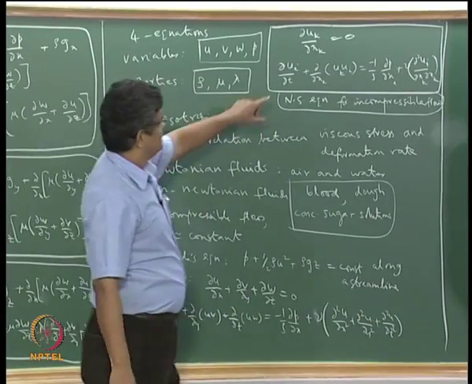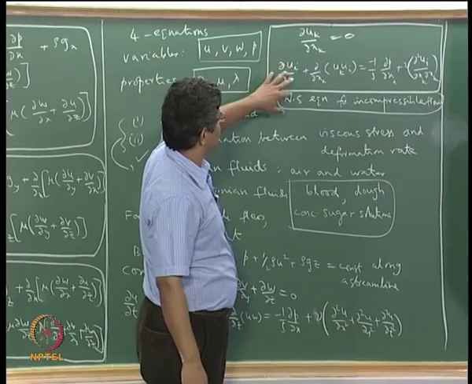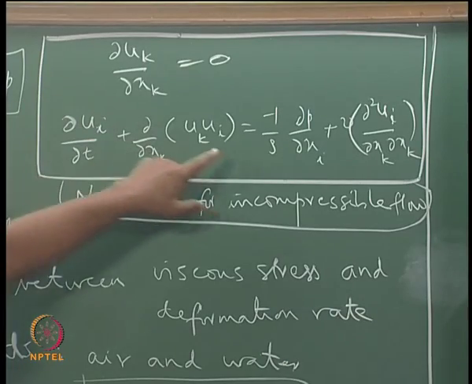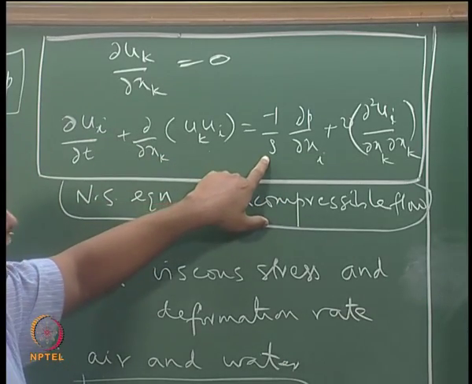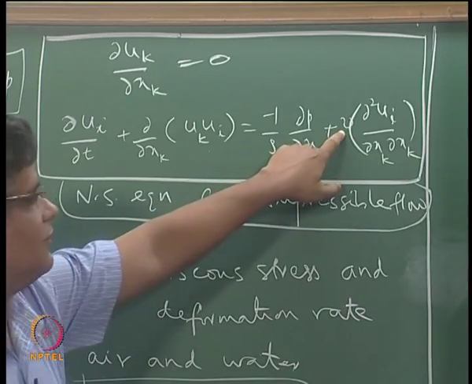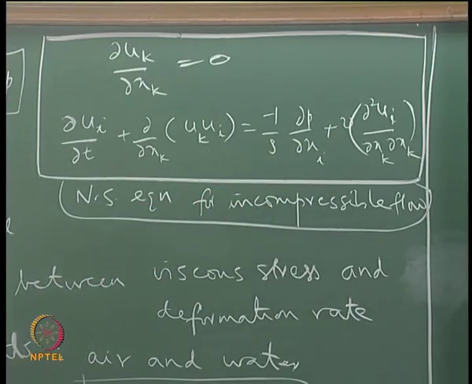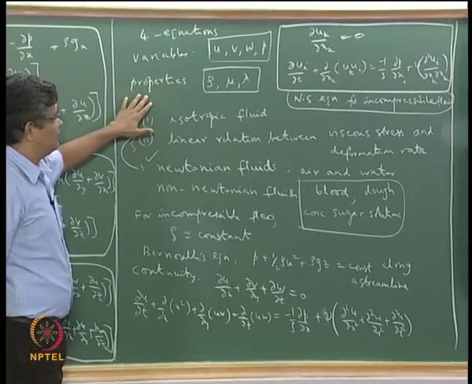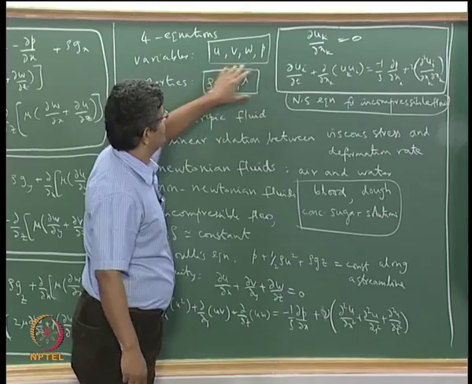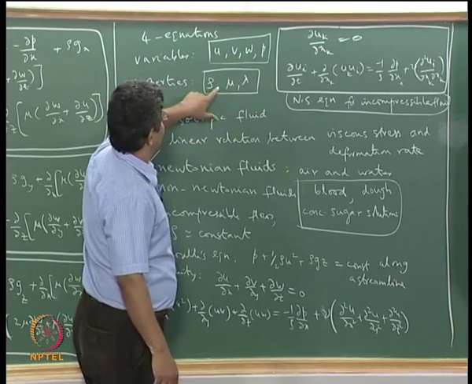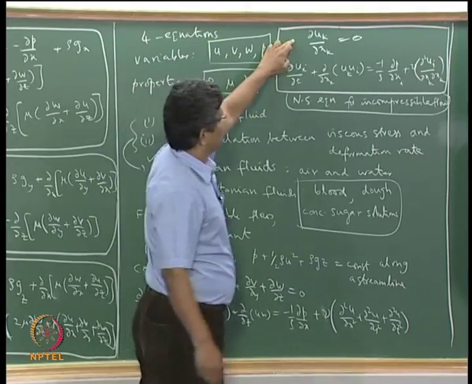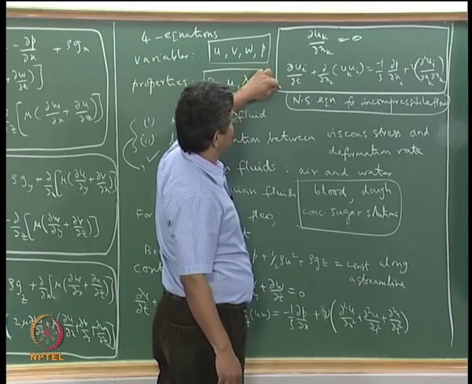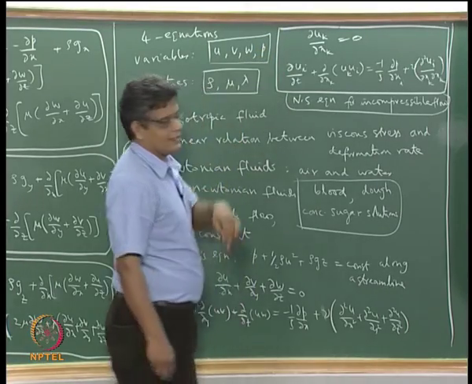And we can see that for the Navier-Stokes equations, we need only the density and the kinematic viscosity, which is deducible from the dynamic viscosity. So, there are only two properties that are required. There are 4 variables u, v, w, p, and there are 4 equations, that is the continuity equation and the 3 momentum equations for the 3 directions.